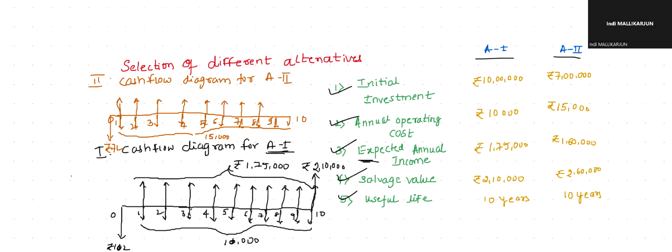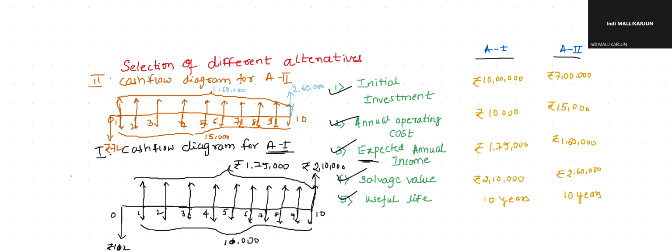The income for this particular alternative is 1,60,000. It also has a salvage value of 2,60,000.